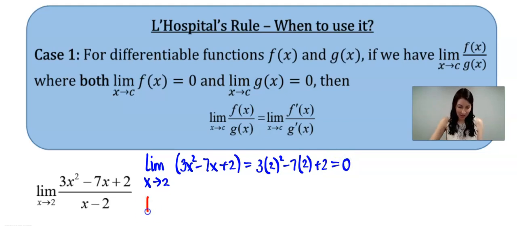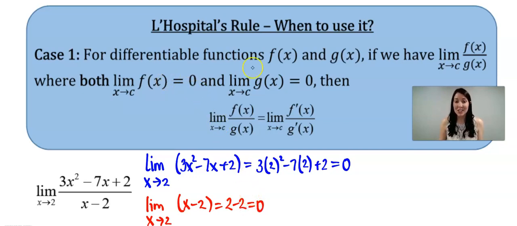Now let's check the denominator. The limit as x approaches 2 of the denominator, x minus 2. By simple direct substitution, you can see that that is also 0. Therefore, our conditions in order to use L'Hopital's rule are met. So then I like to write over here, therefore, L'Hopital's rule applies.